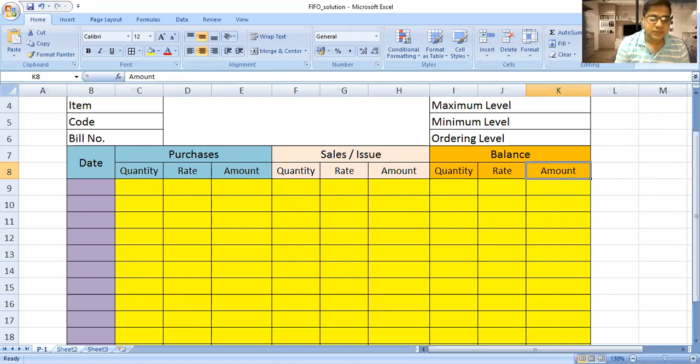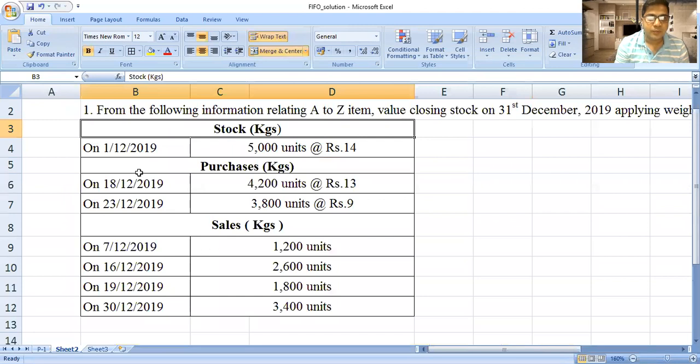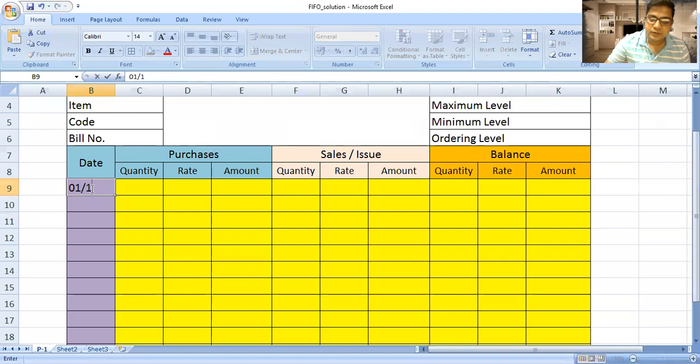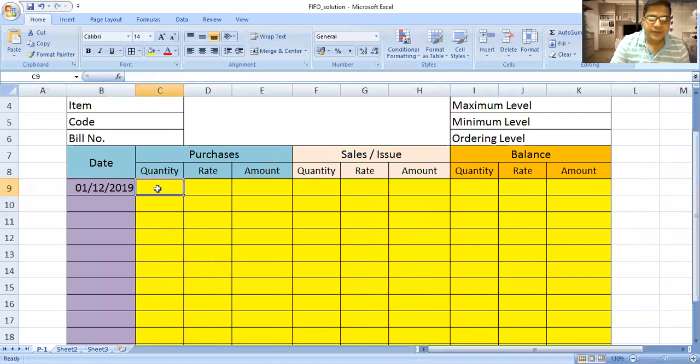Now friends, we have the problem. The stock on 1/12/2019 was 5,000 units at the rate rupees 14. So we will write here 1/12/2019. It's an opening stock, so we will write here opening.